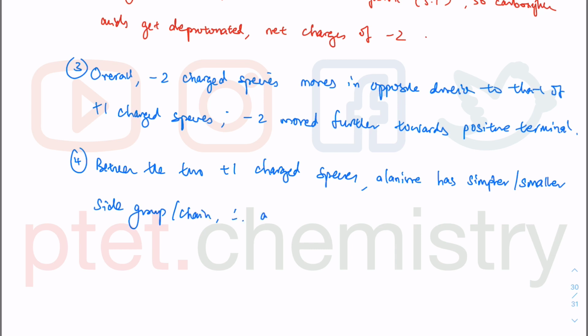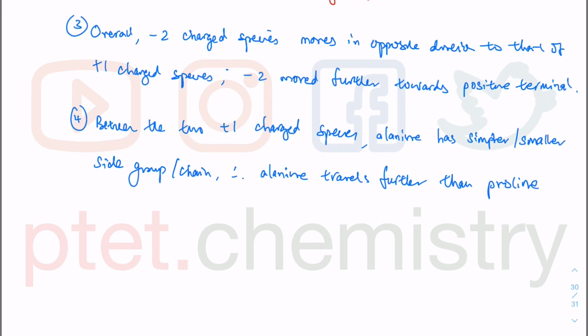Therefore, the alanine spot travels further. Alanine travels further than proline. They are both +1, so they travel towards the negative terminal.